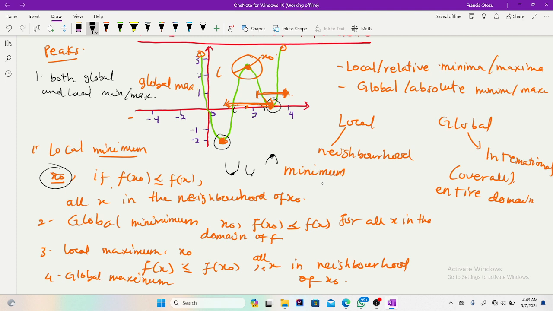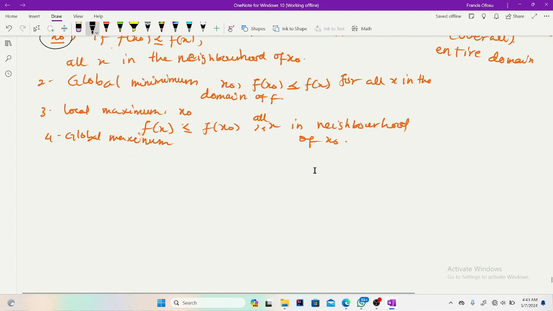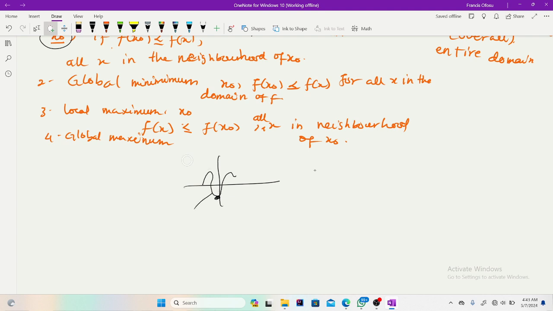So sometimes, you can have a graph where, let's say, you have only one steep downwards, right? So for this one, the point here will be both the local and the global minimum, right? So it's possible to have a point to be a local and at the same time a global minimum.